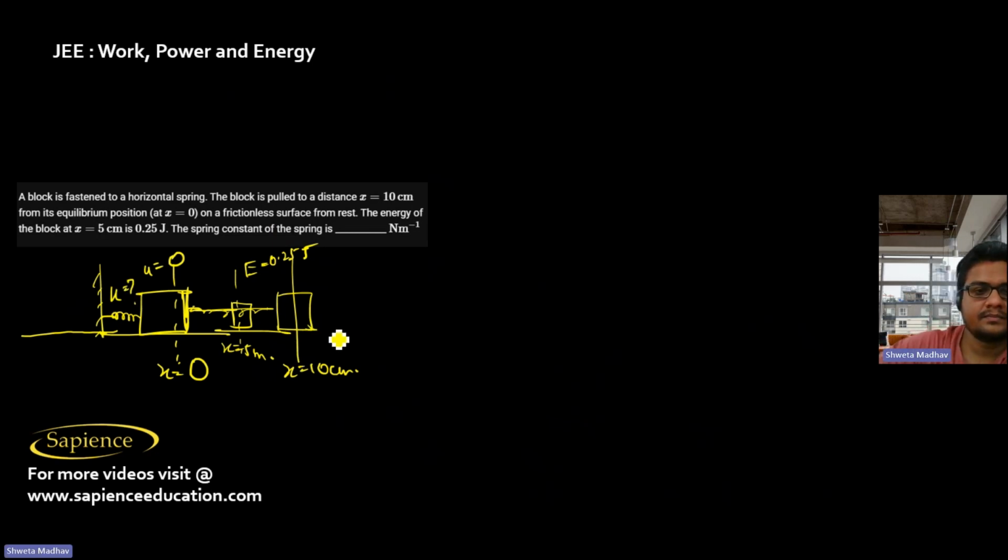So here the velocity will be 0. Here also initial velocity is 0 only. But here it will have some energy. So here we will also say work done by all forces equal to change in kinetic energy.